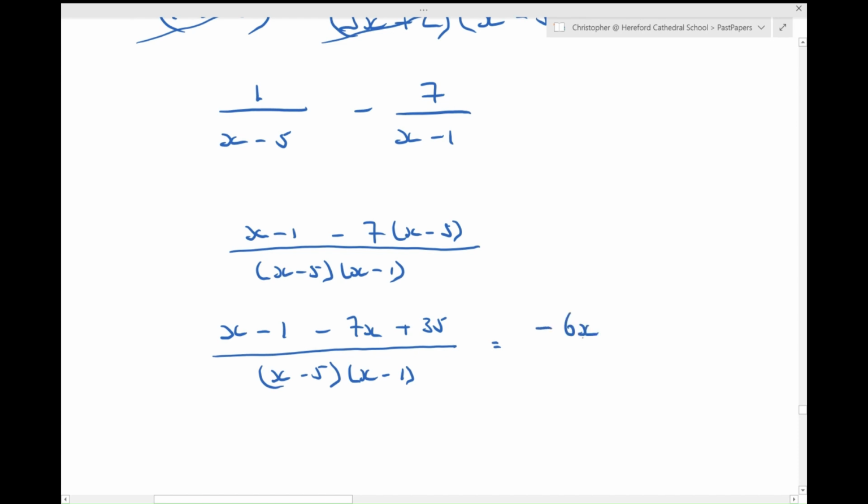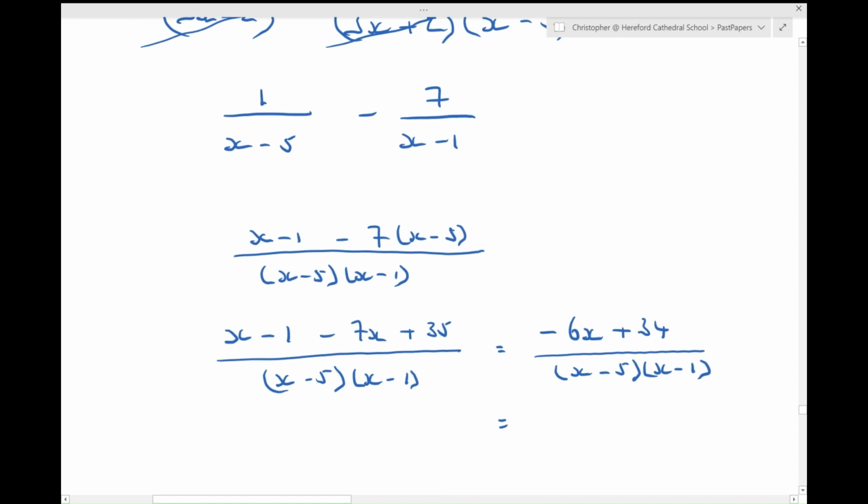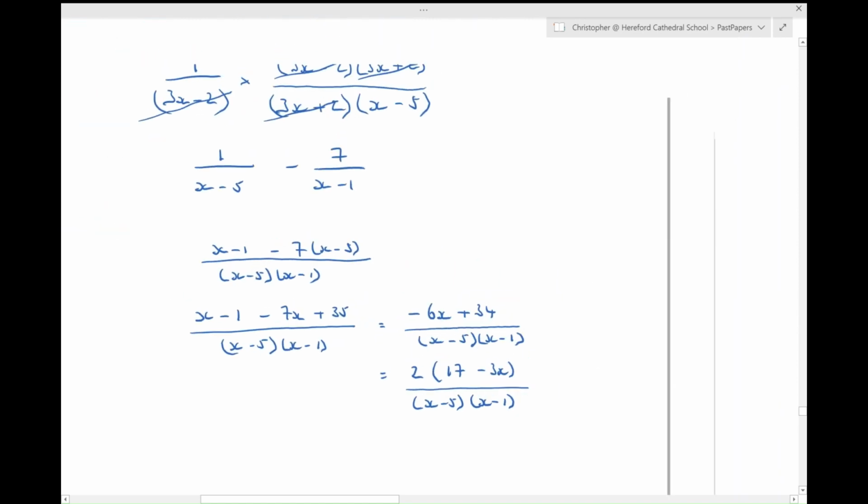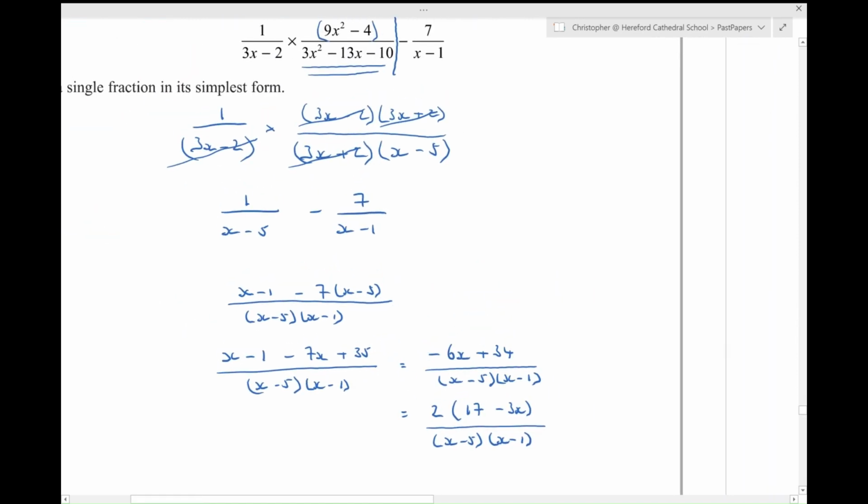Minus 6x plus 34 over x minus 5, lots of x minus 1. And I suppose if you wanted to, you could factorise the top, if only to illustrate that you can't do any more cancelling. Let's have a look what will come out of there. 2 will leave me with 17 minus 3x all over x minus 5, lots of x minus 1. And there you go. Question 21 complete.